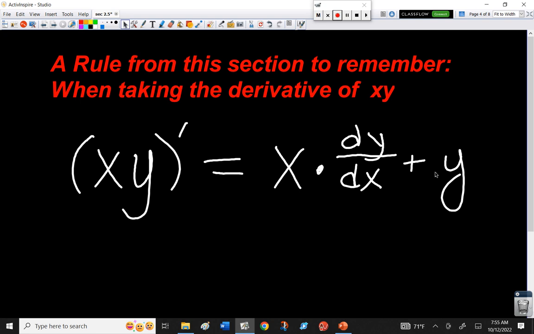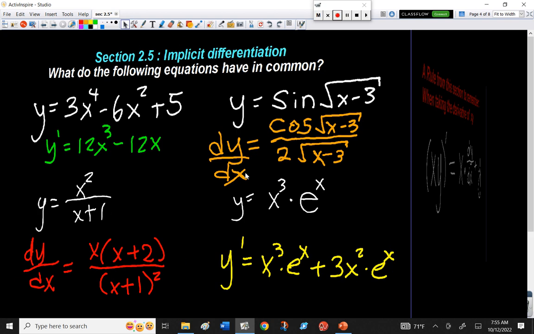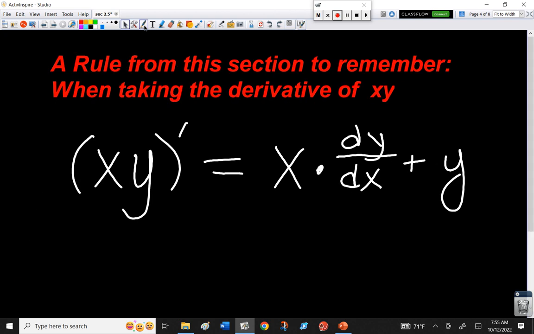So if you ever take the derivative of x times y, you could just simply write this. Or if you're using y prime, you can put x times y prime plus y. You could also put that if you want to.